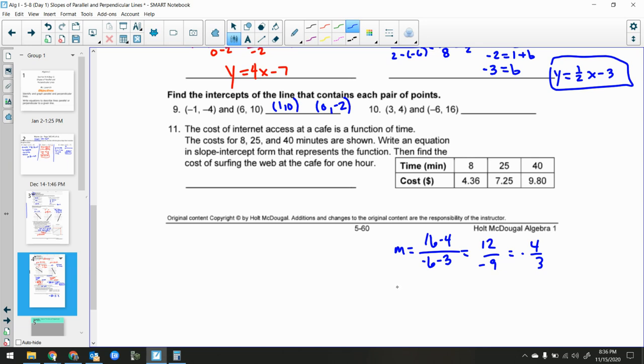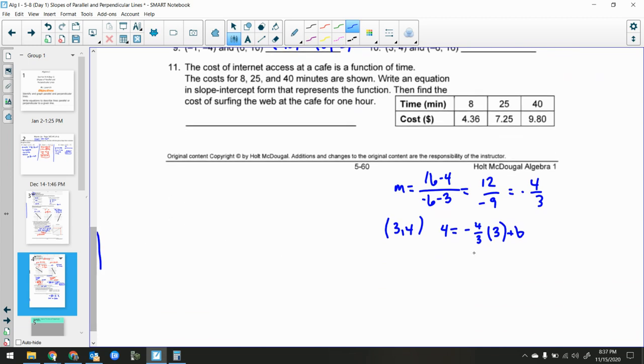Now when I go to make my line, I'm going to use 3, 4 and make my equation. y is equal to mx plus b, and that means we got y is equal to -12/3, so -4 plus b. Add the 4, I get 8 as my b value, which means that 8 is my y-intercept, right? So I know I'm at 0, 8.